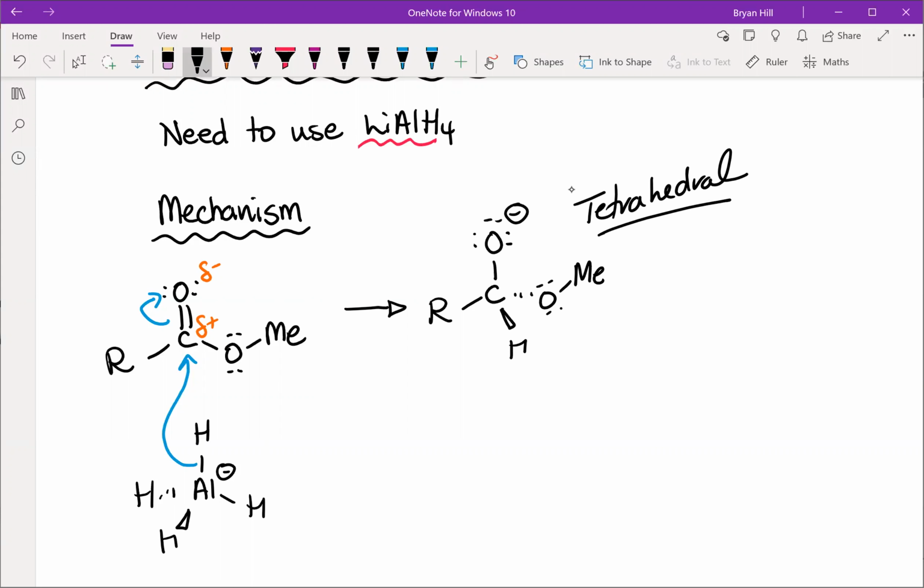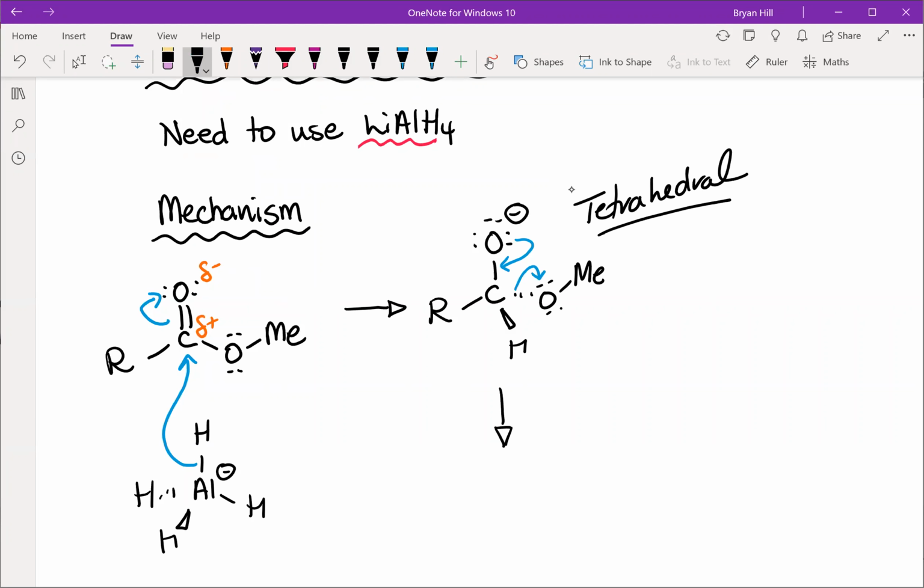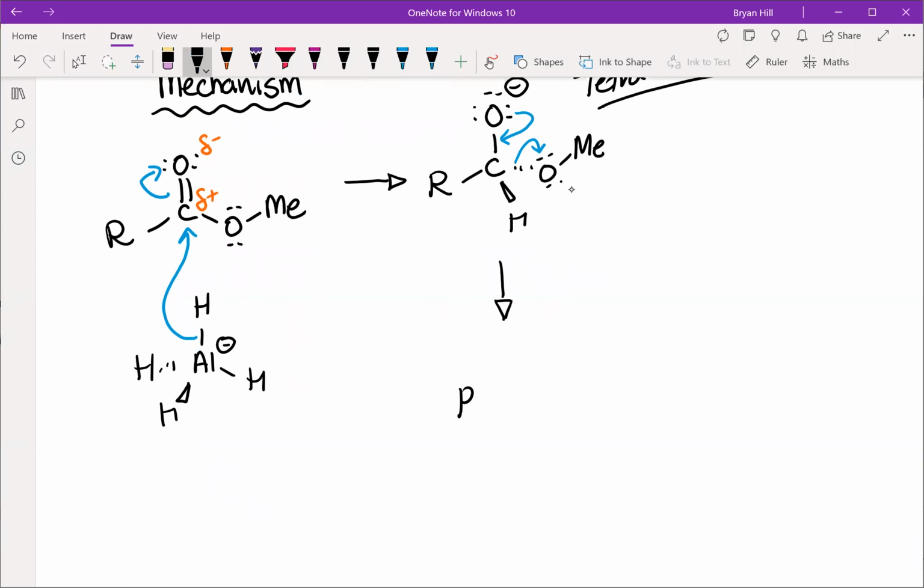Now, in the case of ketones and aldehydes, this tetrahedral intermediate was stable. In this case, though, it's not. These electrons can technically come back down and boot out this methoxide, and this is what happens. You boot out methoxide, and what you end up with here is an aldehyde.